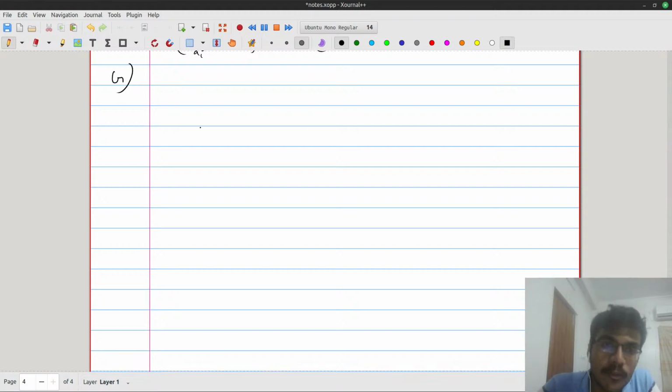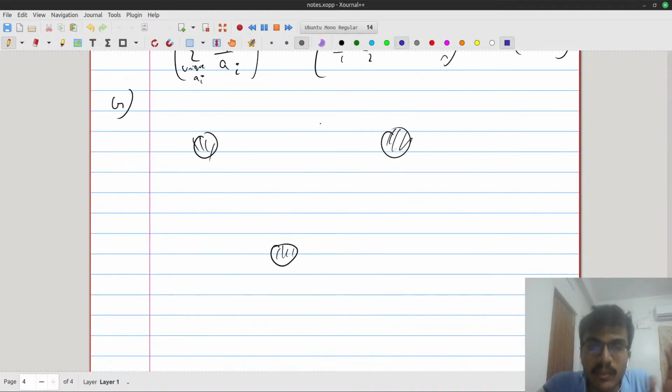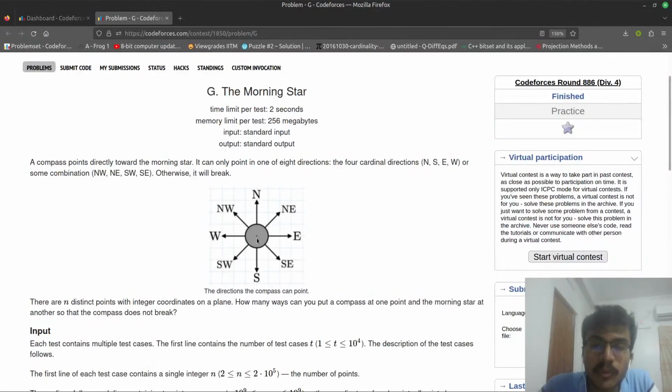So, we are given a bunch of points, and the question can be rephrased this way. I will choose one compass and one morning star.